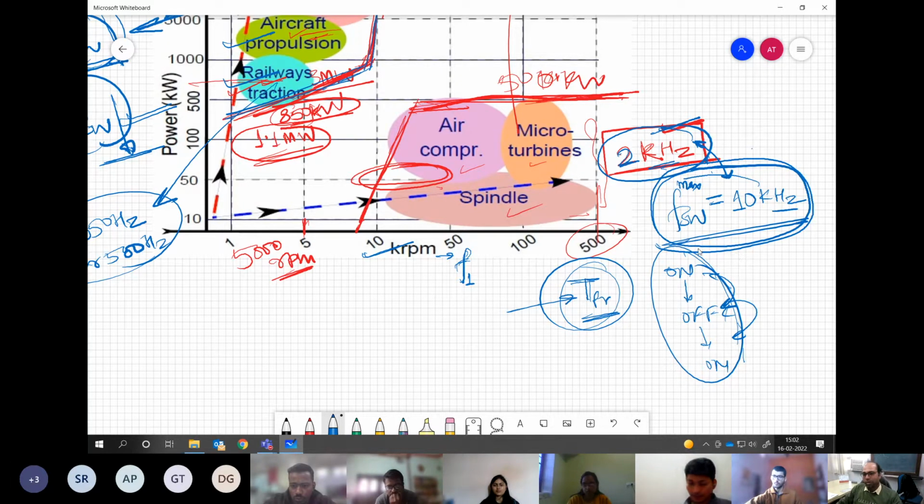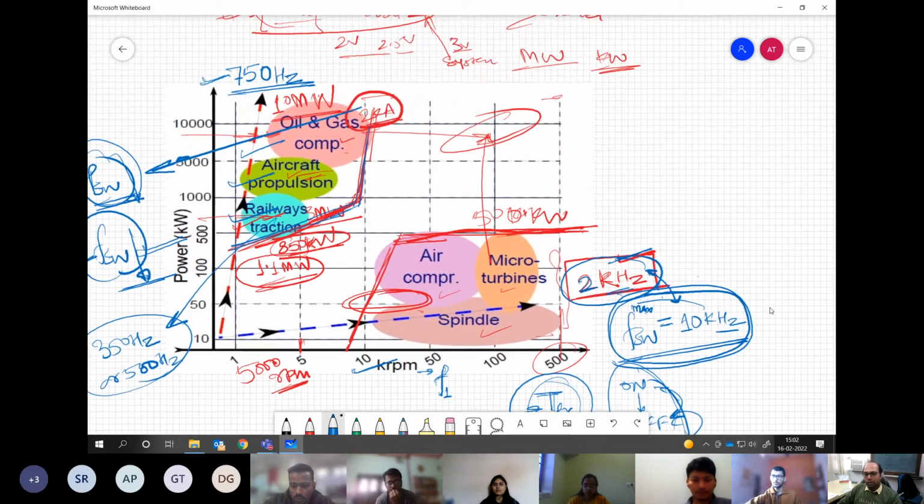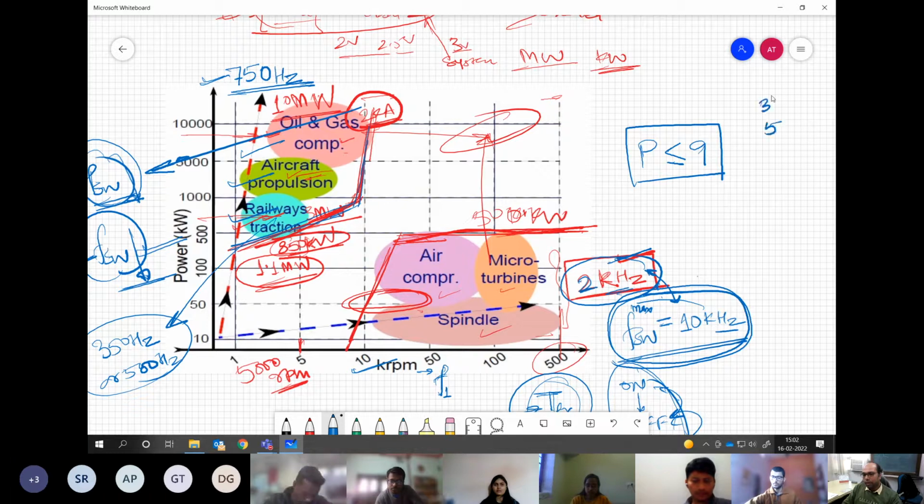So both these applications are strong examples of where we need to have pulse number, say below 9. So sometimes it could be 3, sometimes 5, maybe 1 also sometimes, 7, 9 and so on. You cannot go beyond these numbers.